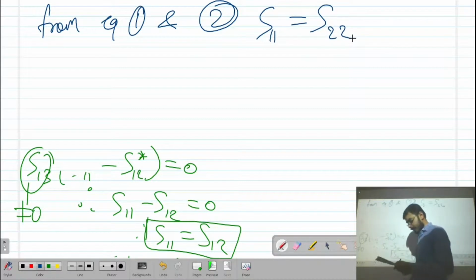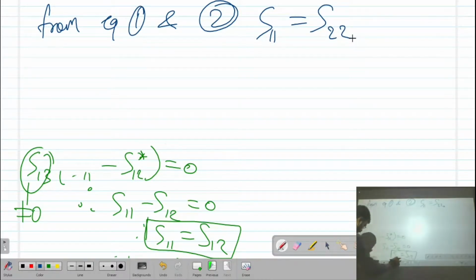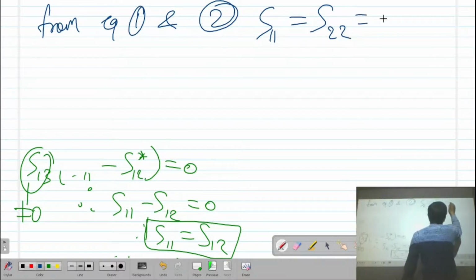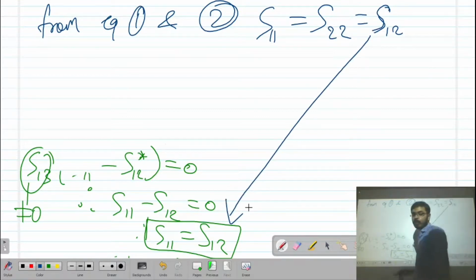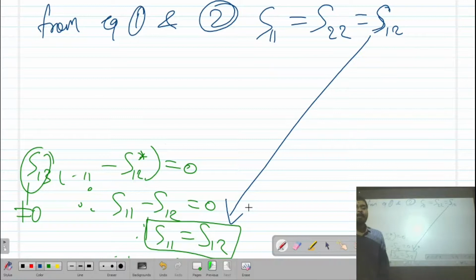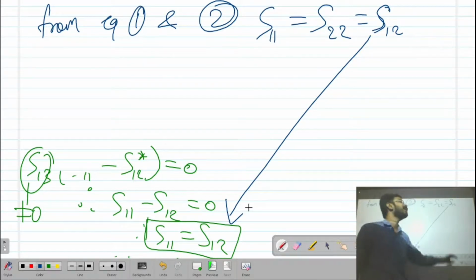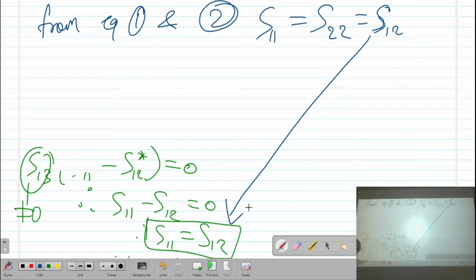S11 will be equal to S22 and will also be equal to S12. Comparing equation 1 and 2 as we have done earlier, for H plane we will get S11 is equal to S22.